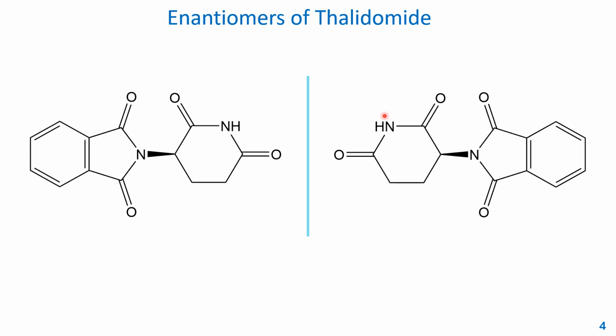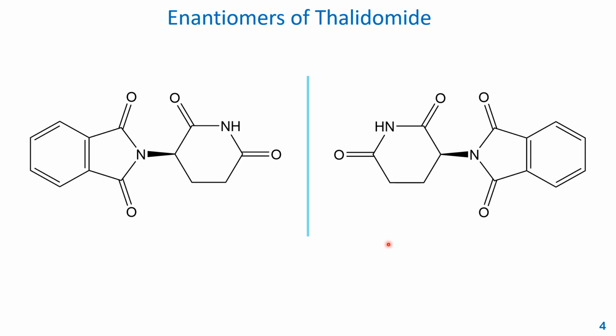Here is a pair of famous enantiomers called thalidomide. This is a very famous incident in history, called the thalidomide tragedy. It was commercialized as a medicine for morning sickness in pregnant women in the 1950s and 60s.